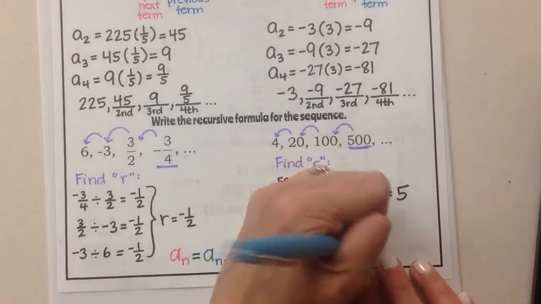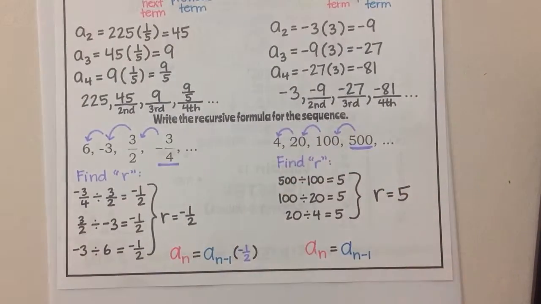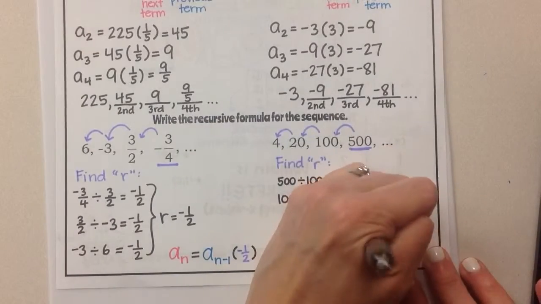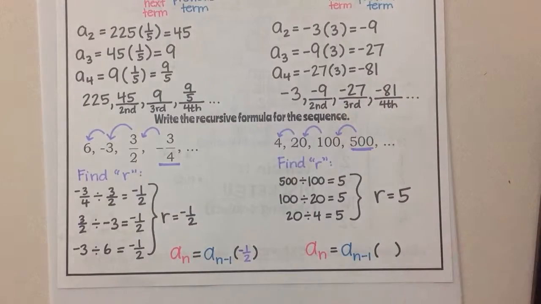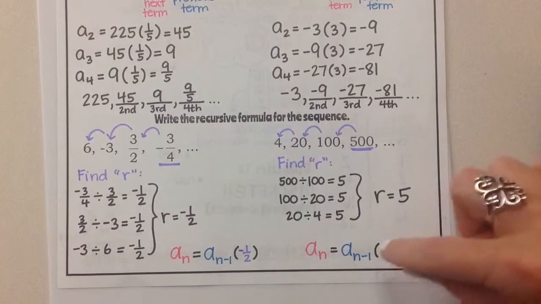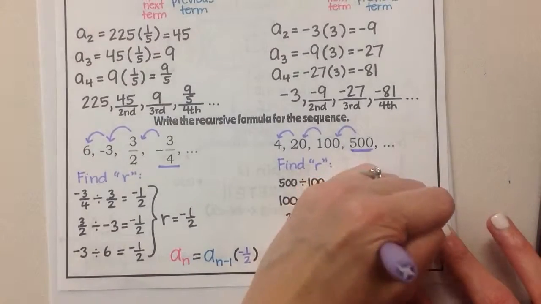So I'm going to write A sub n minus 1. And now I'm going to write parentheses to show, because I have a common ratio, I know I have a geometric sequence, so I know that my formula has to involve multiplication. And now I'm going to plug in my common ratio, which is 5.